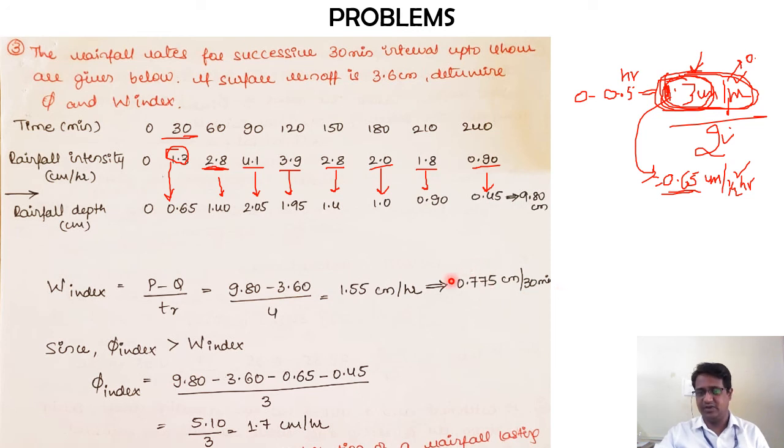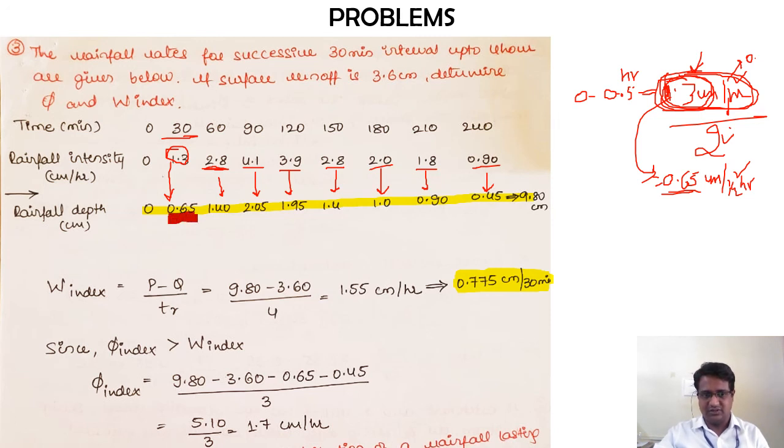Now I'll compare this value with the different values that we have got over here. It is 0.775, and if I compare 0.65, this one is less.